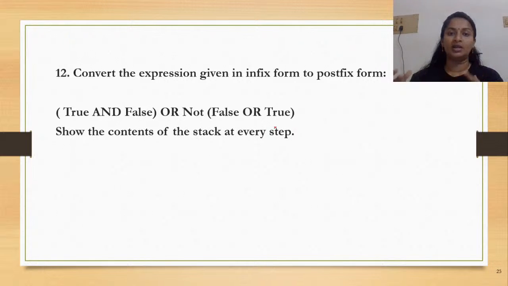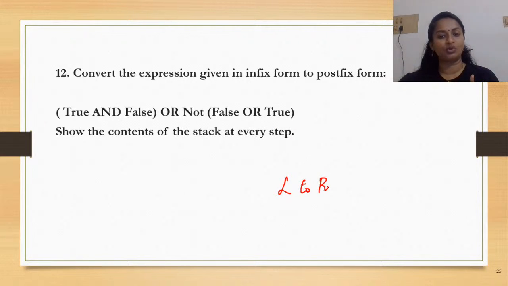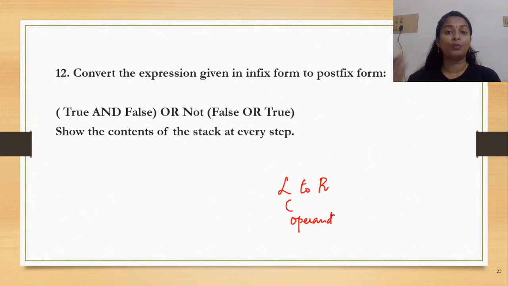Now, how do we travel? Definitely, we would travel from left to right. Now, the actions to be taken. What action to be taken? Whenever you have an opening bracket, it is pushed onto the stack, right? Whenever you encounter an operand, it is appended to your postfix notation, right?